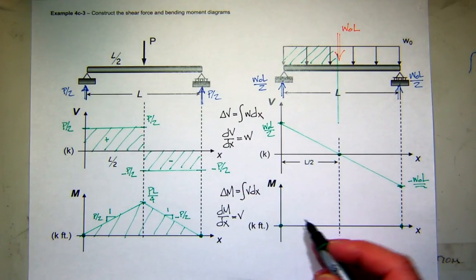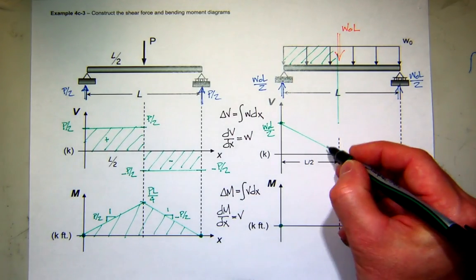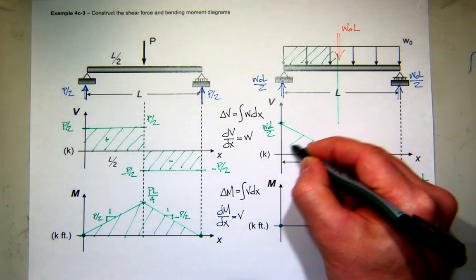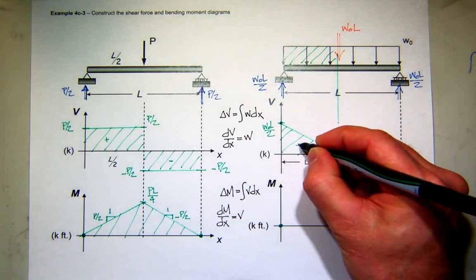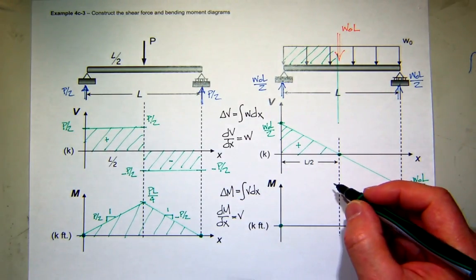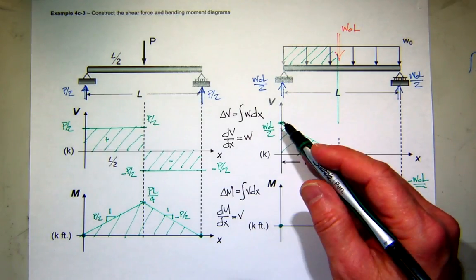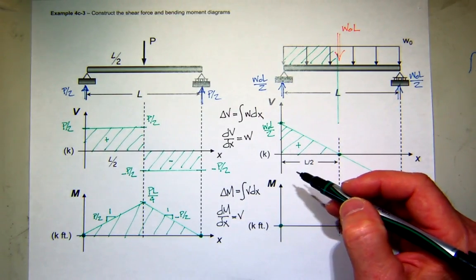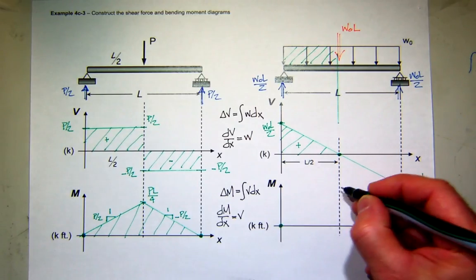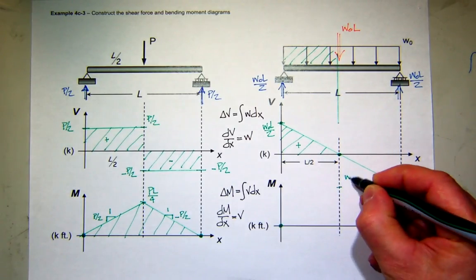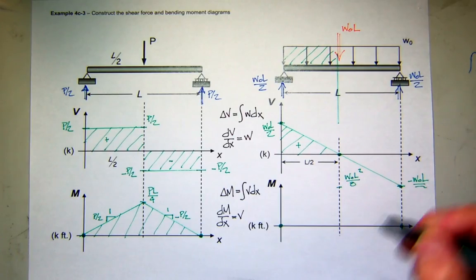No. I know the change in moment from here to here is the area under this part of the shear diagram. And what is that area? Well, that's a positive area. It's a triangle, so it's 1/2 base, L over 2, times height, W naught L over 2. So that should be W naught L squared over 8. So that means I should end up here at W naught L squared over 8.